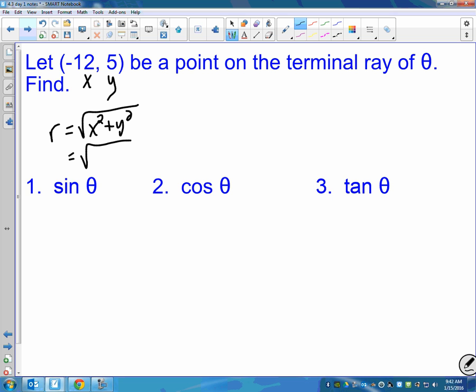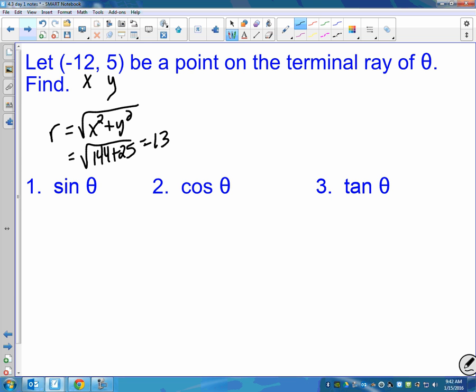So in this one, that's going to be 144 plus 25, which is the square root of 169. Let's see, what's that going to be? Which means if you know x and you know y and you know r, you don't have to look at your triangle anymore. You don't have to think about it if you know those ratios.